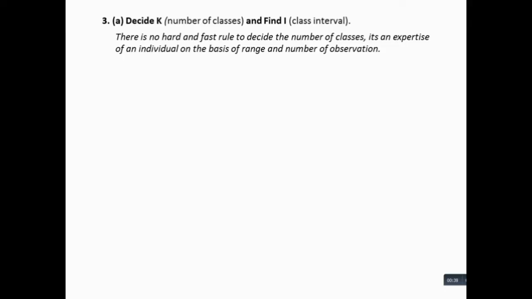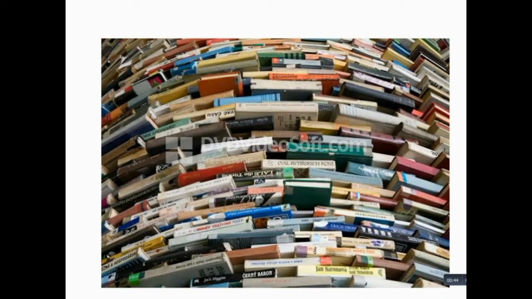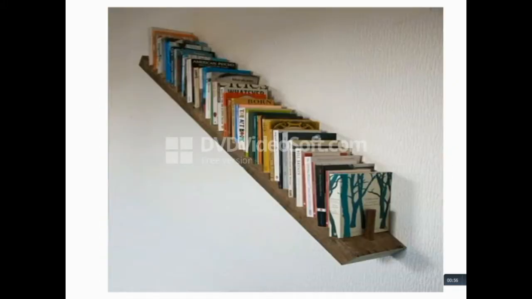Suppose you have a large number of different books, registers, files, magazines, and small dictionaries, and you want to arrange them in a shelf. If you keep the whole stuff in a shelf containing only one step, it is not a good idea because it will be difficult for you to differentiate among the types of different books.